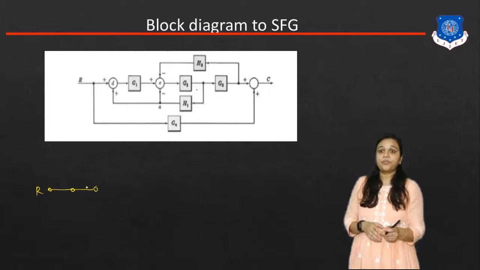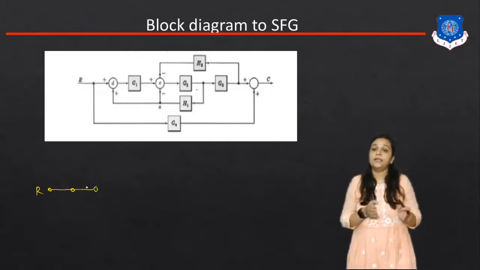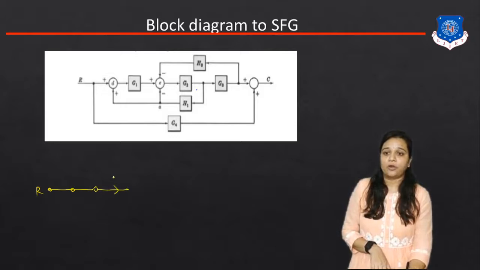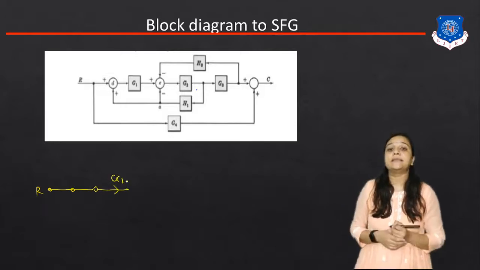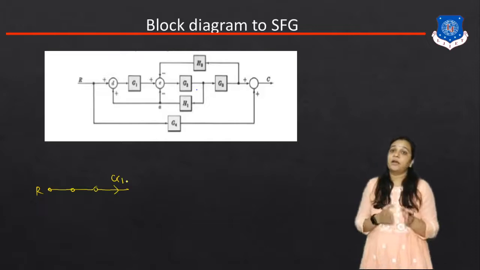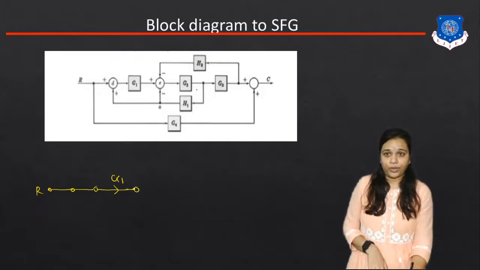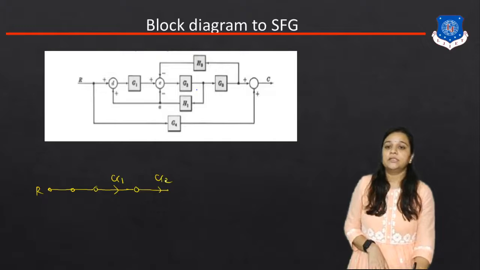After that G1 gain is given. The gain is indicated as an arrow, so you write G1 like this. After G1 again a summing point is given, so you draw a node here. After this G2 is given, so you put the forward path G2.